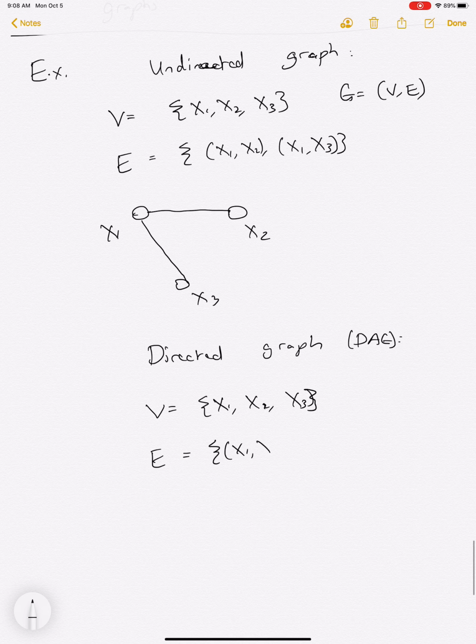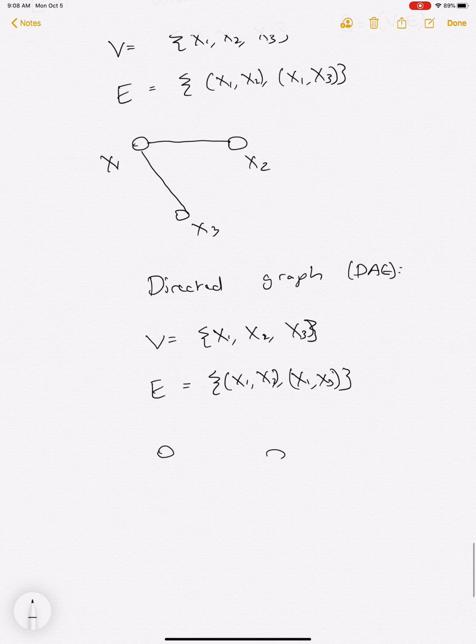If we have x1, x2, and x1, x3, then this is going to look like this. Remember that the direction the edges point is very important. Whatever comes first is where the arrow starts. It's not where the end of the arrow is, it's where the start of the arrow is. Okay.